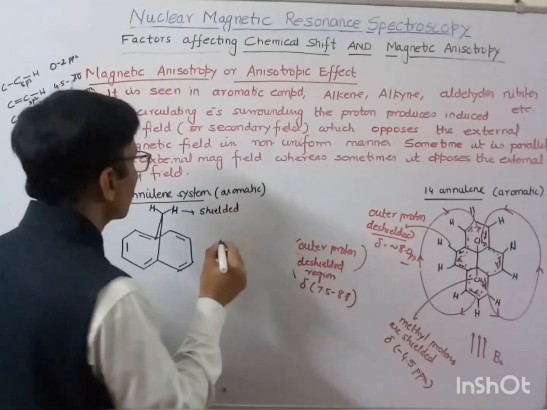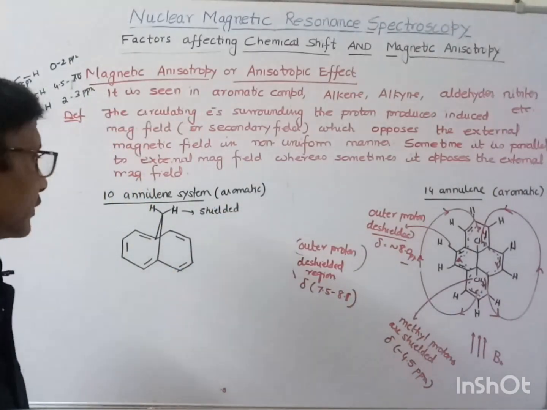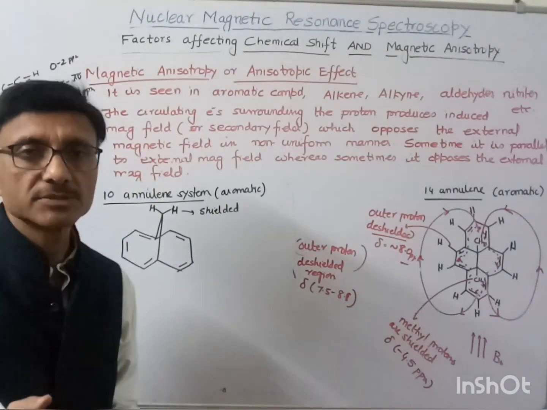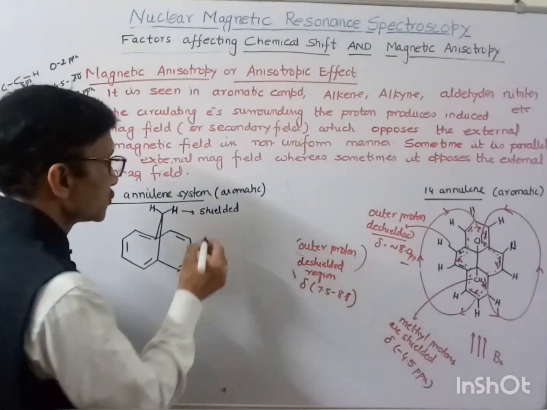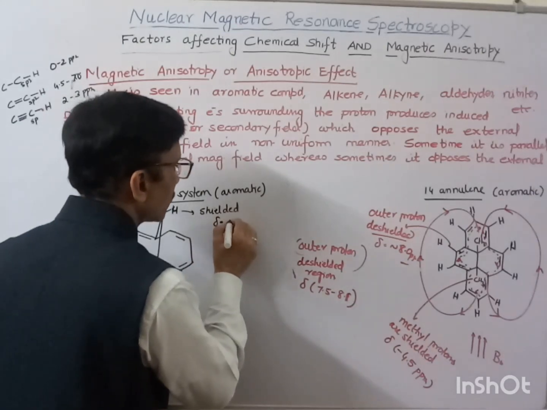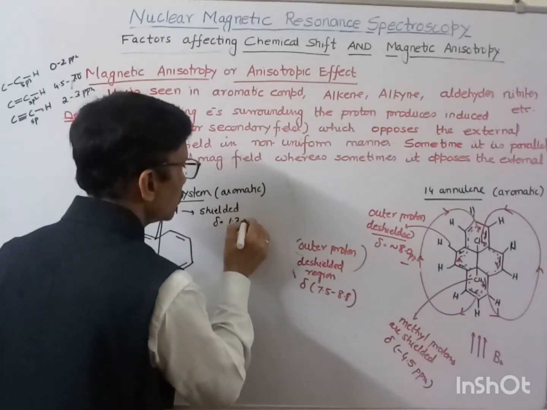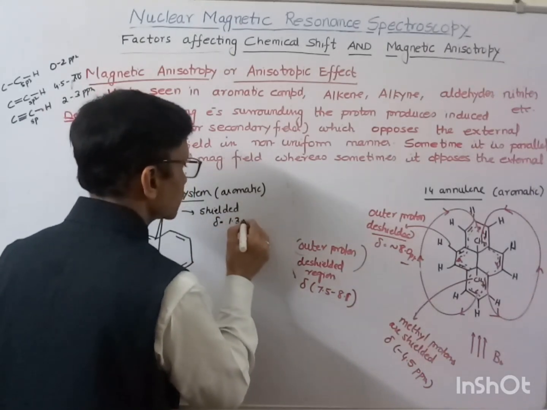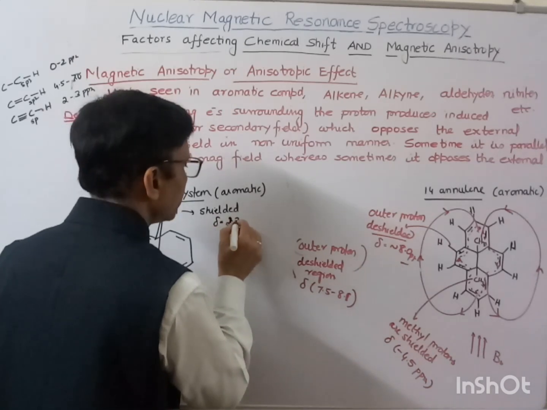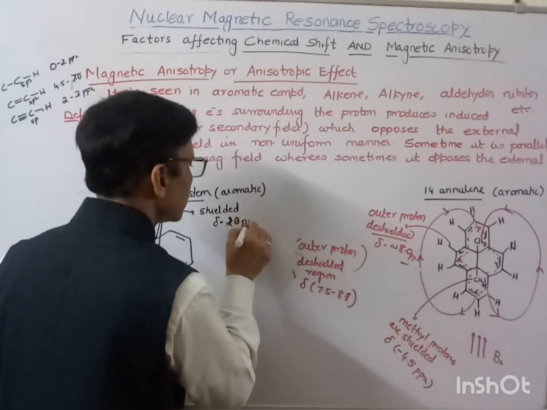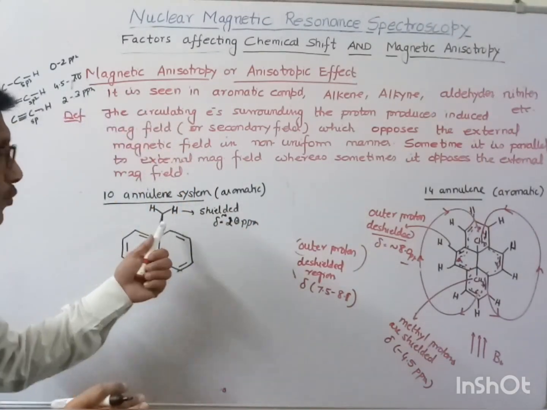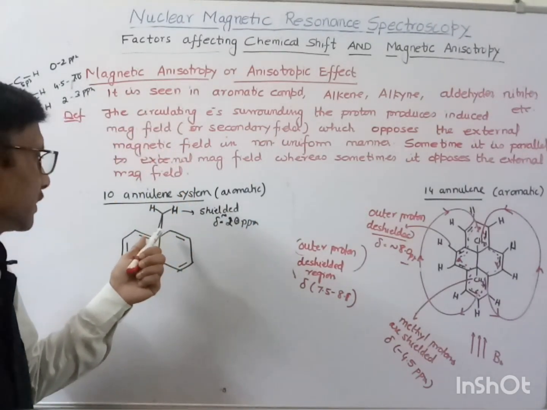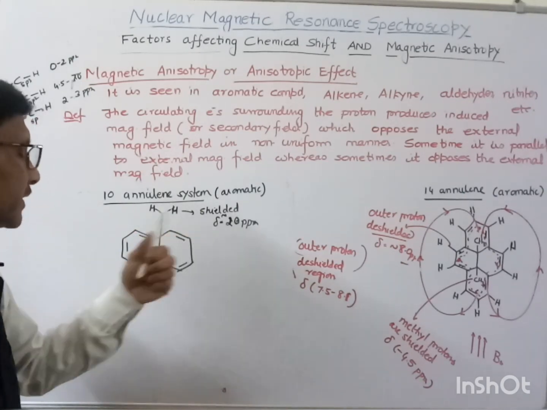We know the CH2 proton comes around 1.2, 1.3, so the delta value in this case is from 1.3 to close to 2 ppm, approximately like this.